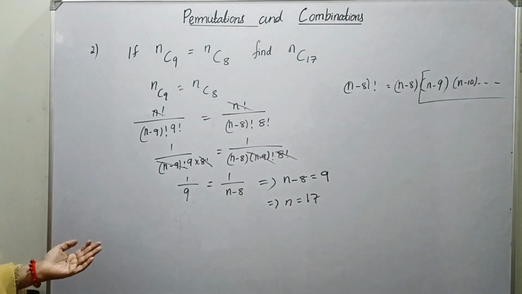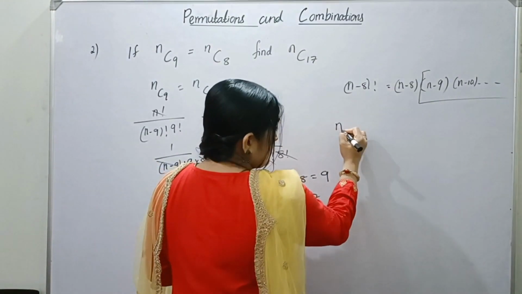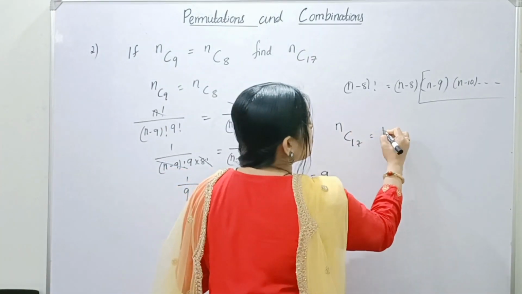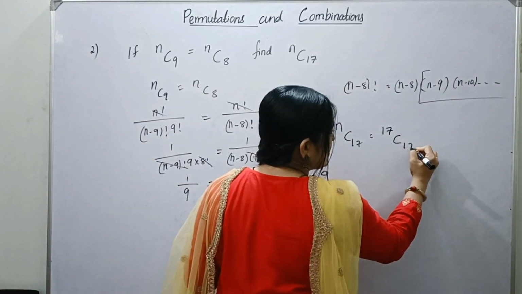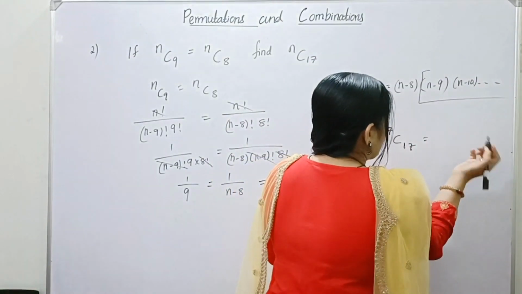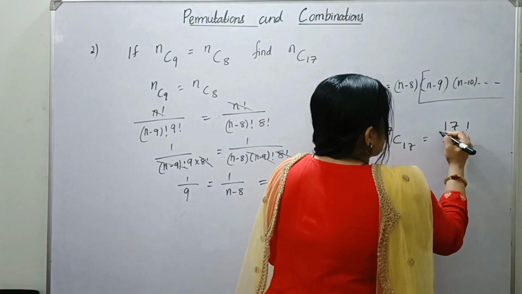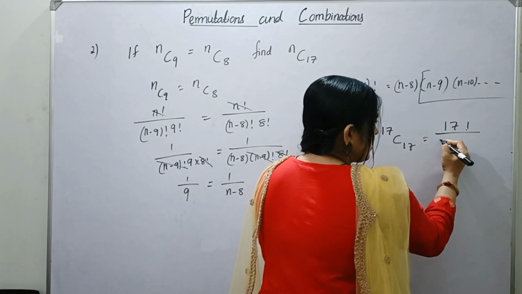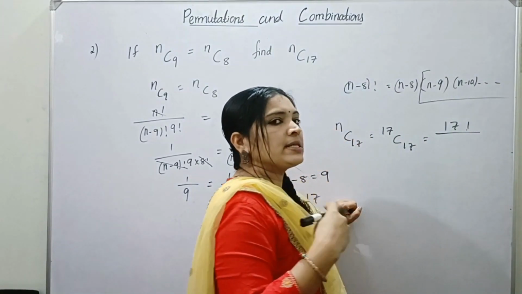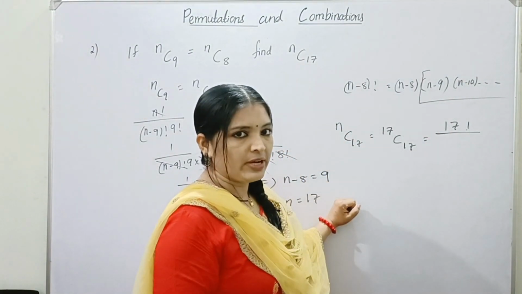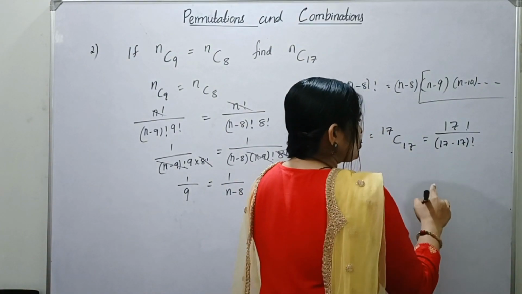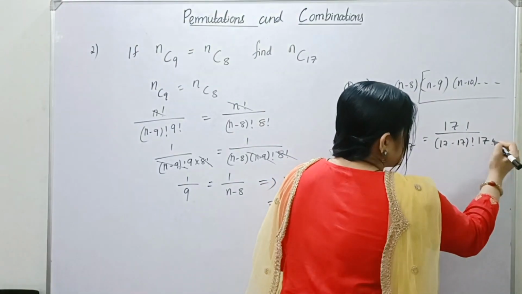So we have to find nC17. So n is nothing but 17. So we have to find 17C17. Let us apply the formula. 17 factorial divided by n minus r, that is 17 minus 17 factorial into r factorial, that is also 17 factorial.